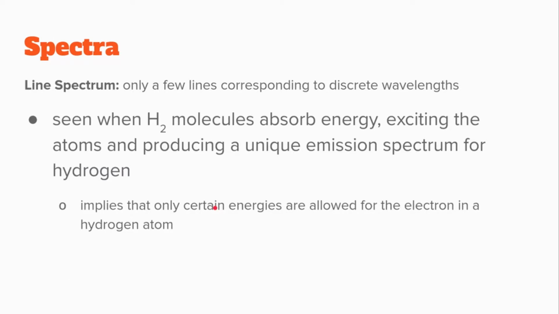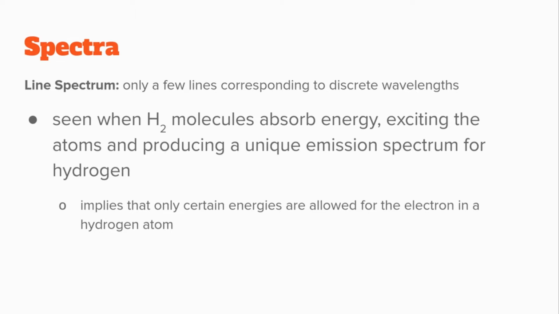So we can see this when an element or a compound gains energy, which causes those electrons to become excited. And then those electrons can't stay excited forever, so they start dropping back down to their original ground states, and that produces light.